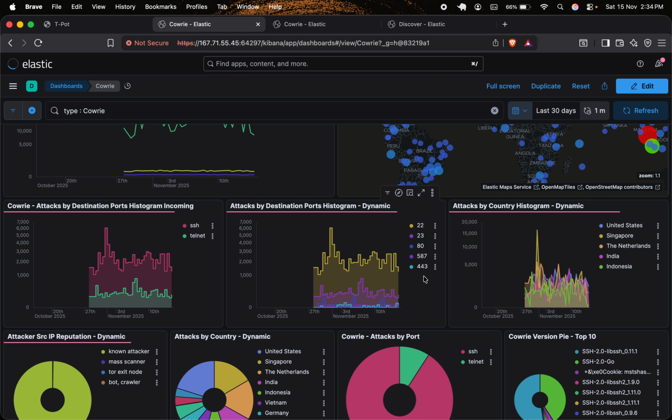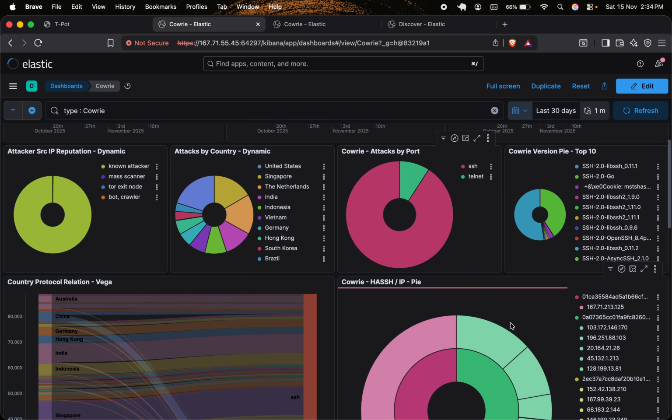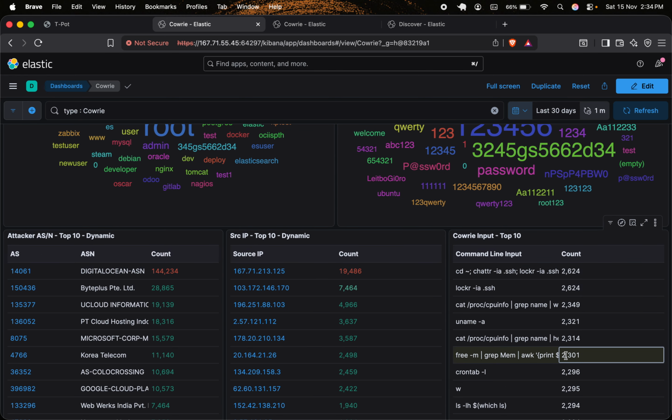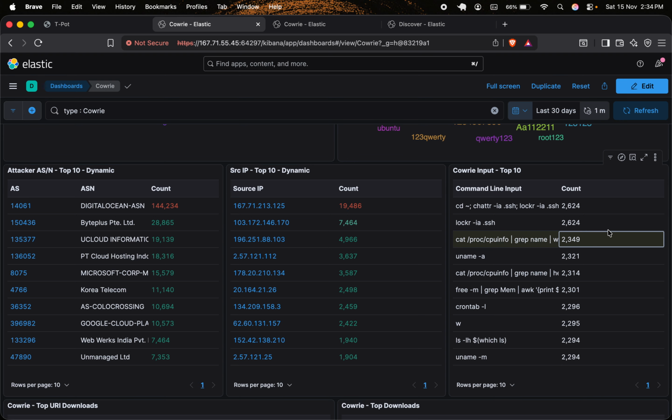The prominent commands that the attacker tries are coming here. These are some of the commands that the attacker utilizes, and we will discuss them one by one. Secondly, these two commands are related to SSH keys.